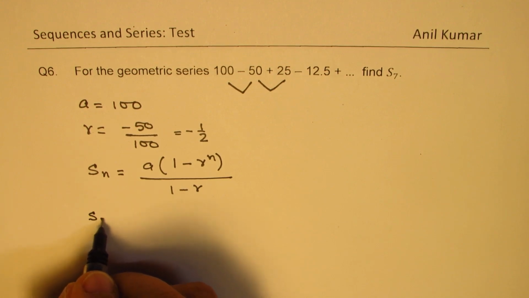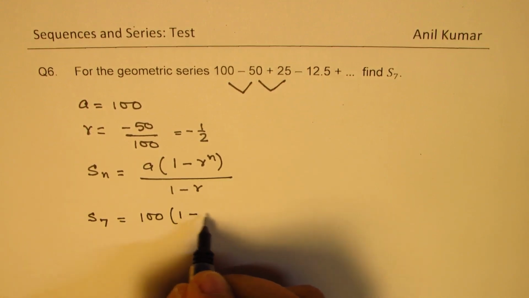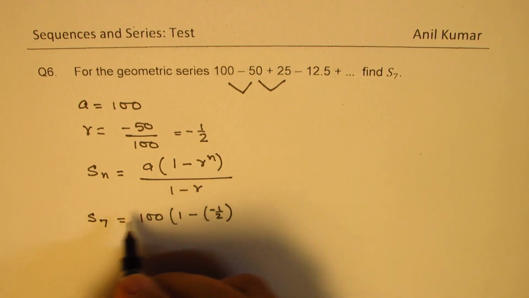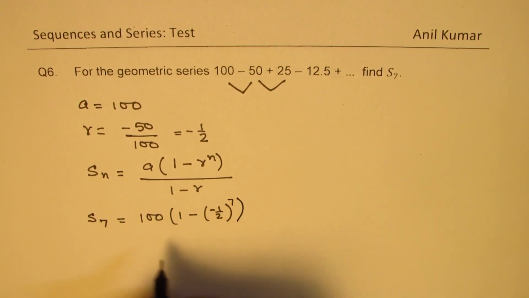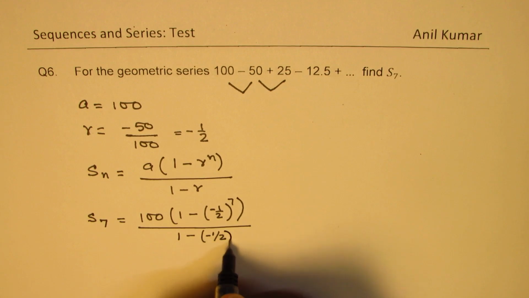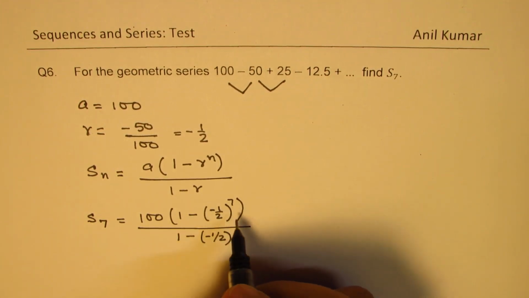We need to find the sum of 7 terms. a is 100 for us. 1 minus r, r is minus half, to the power of n, which is 7. We have 1 minus r, which is minus half. Correct? So that is how we can write it down.